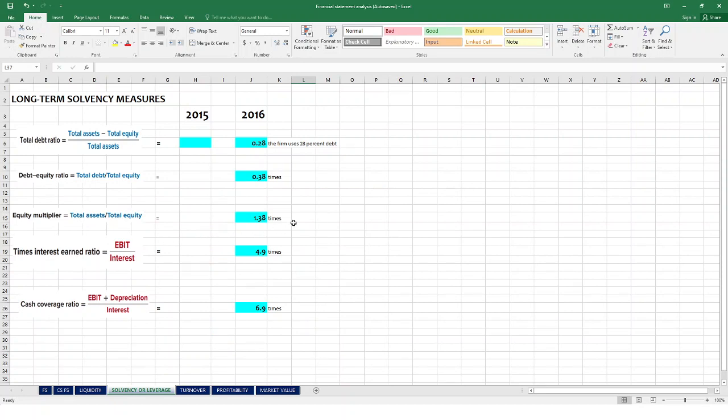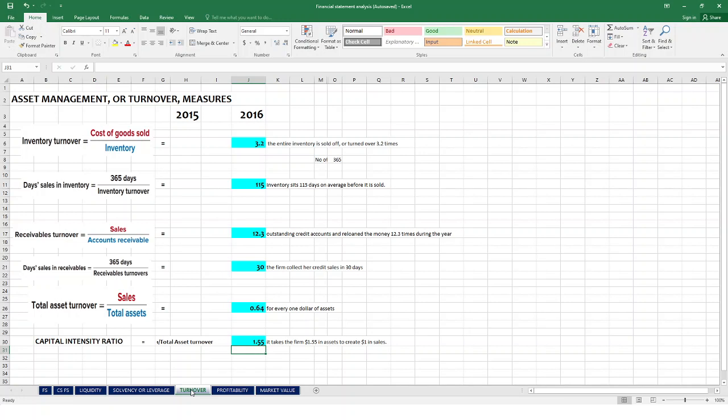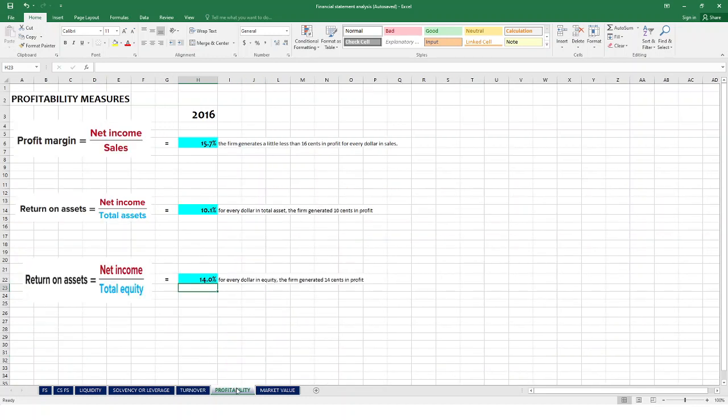Our equity multiplier is 1.38. Our total asset turnover is 0.64. Our profit margin is 15.7%.